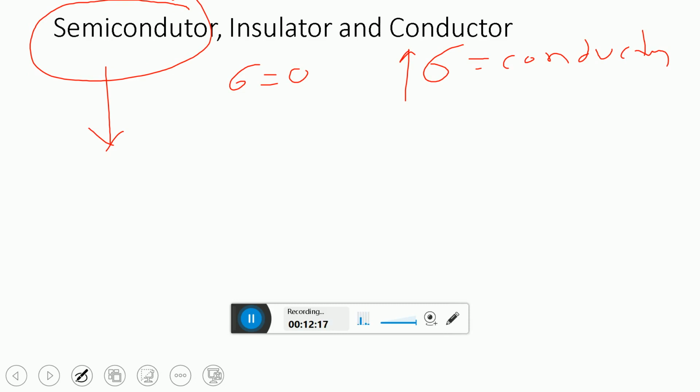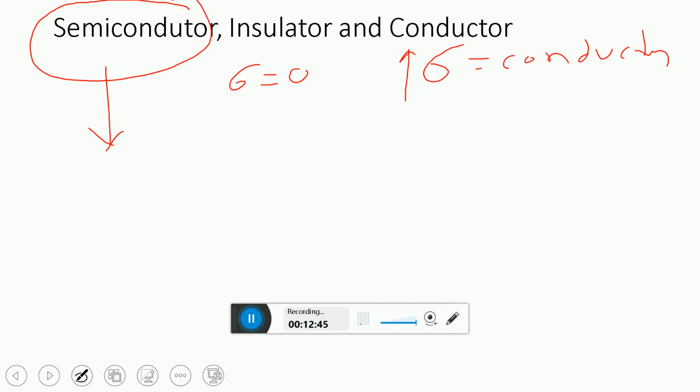At low temperature, the semiconductor acts as an insulator, and when temperature increases, the number of electron-hole pairs increases, and due to that the conductivity increases. So the semiconductor shows properties in between insulator and conductor.